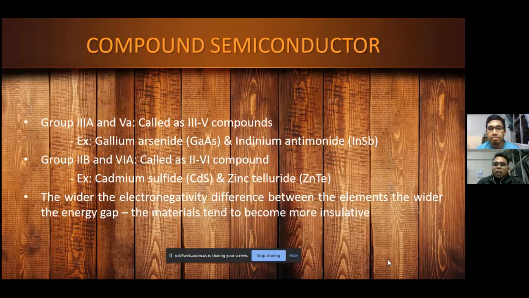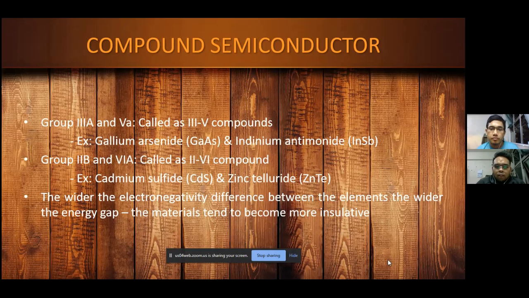One such group is formed between elements of group IIIA and VA, which is called the III-V compound. Examples of this group are gallium arsenide and indium antimonide. Secondly, there are groups IIB and VIA, also called the II-VI compound. Examples of materials of this group are cadmium sulfide and zinc sulfide.